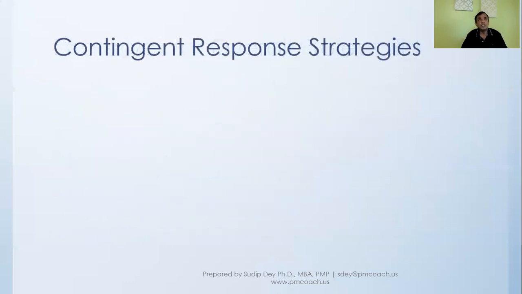Now there is this contingency response strategy that we will think of when we are making risk response planning. Now this contingency response is really fallback plans for worst case scenarios.